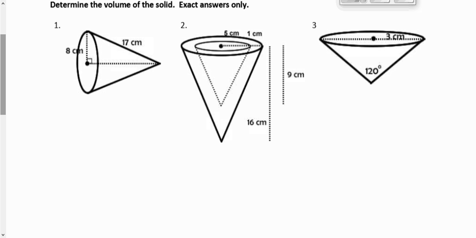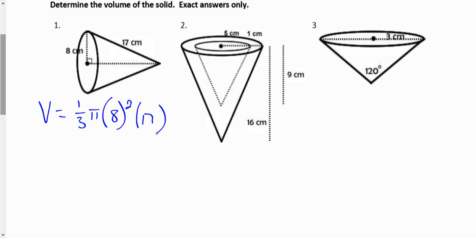Get the first one yet? What do we get? 325 cubic centimeters. It's as simple as volume equals 1/3 pi, radius 8 squared, times 17. What do we say, 320? Cubic centimeters.